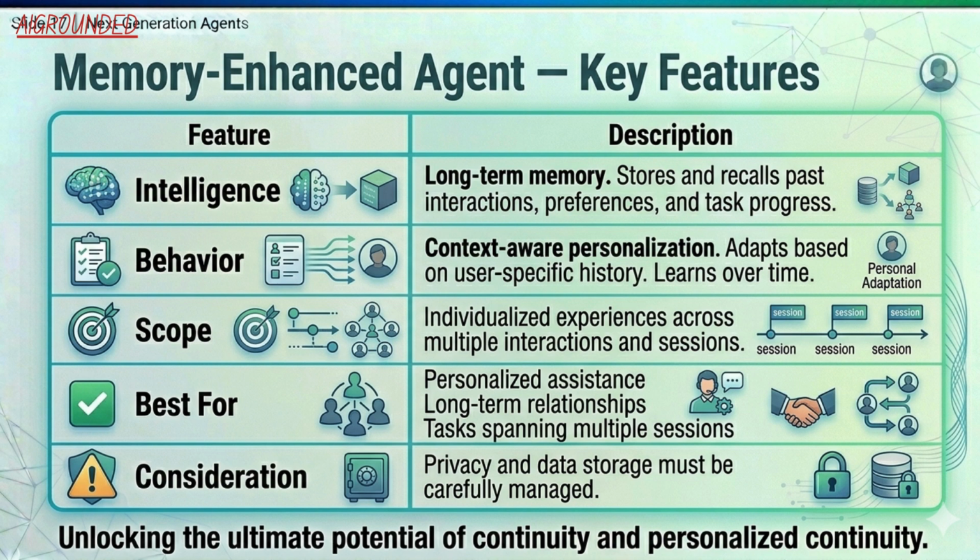Responses tailored specifically to you. Scope: individualized experiences that improve across multiple interactions over time. Best for personalized assistant applications, long-term user relationships, and tasks that naturally span multiple sessions or require building on previous work.